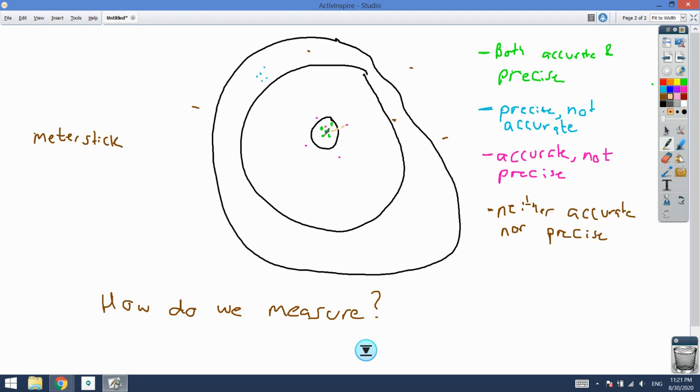So this distance here is shorter than this distance. So using a meter stick, you can measure both accuracy and precision in this sense.